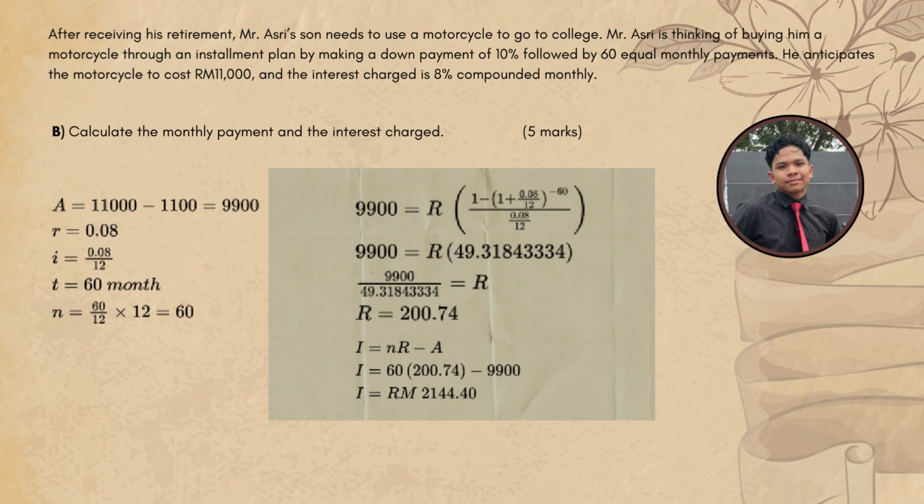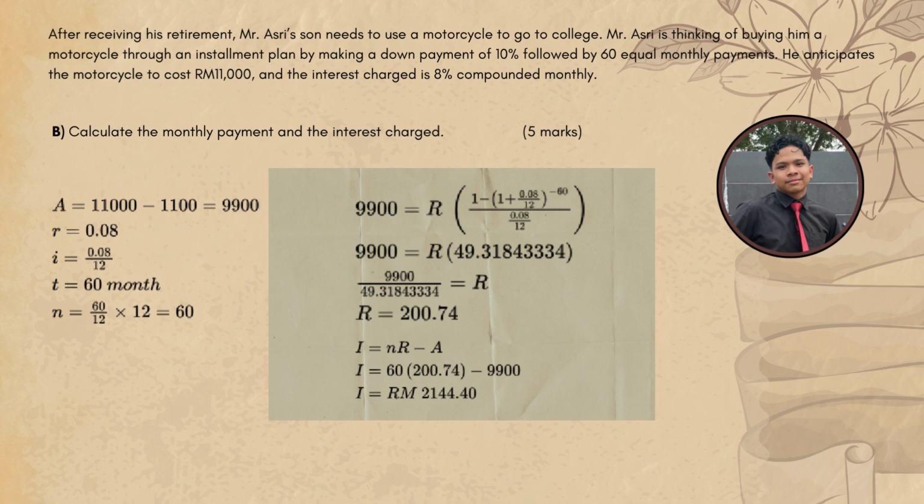And t equals 60 months and n equals 60 over 12 multiplied by 12 and we got 60. So we use the same formula, which is the future value formula to get R. And we got R, which is 200.74. That's equal to the monthly payment.